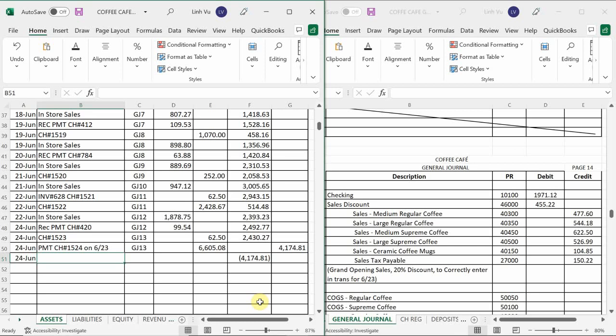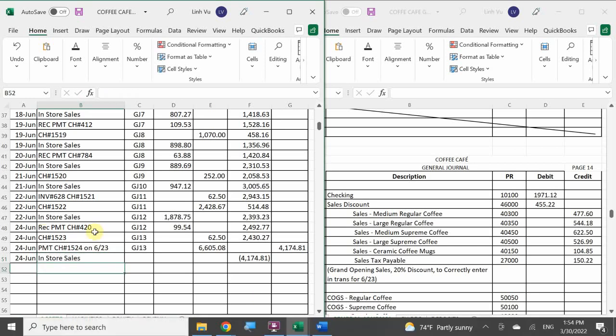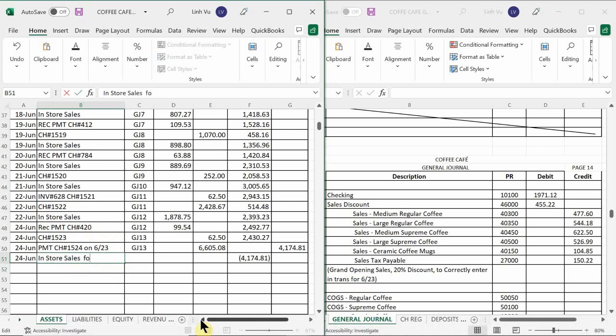So here is what we've got to do. This was an in-store sales, but I'm going to write here for June 23rd. We're still on General Journal page 14, and we're going to deposit $1,971.12.